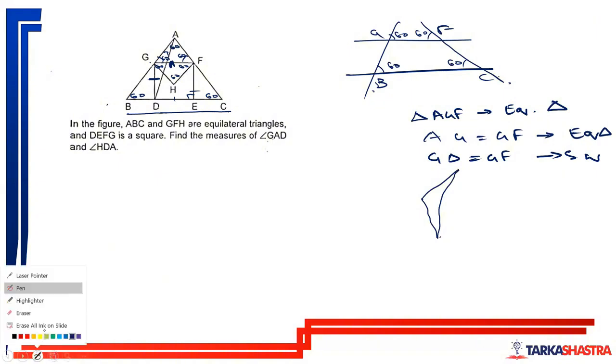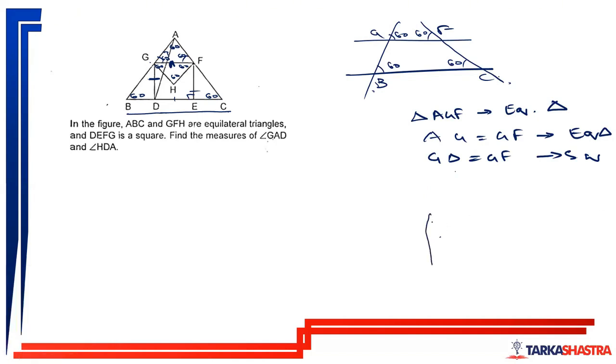Let me draw a better one. So this is G, this is D, this is A. AG is equal to GD because they both are equal to GF.